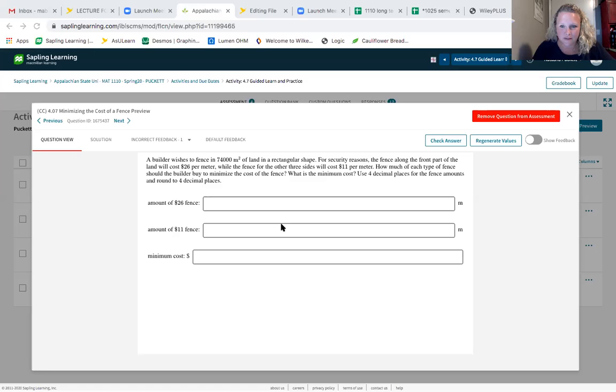So $11 a meter. So how much of each type of fence? And what is the minimum cost? So the minimum cost will be a dollar amount, and then $26 fence, and then $11 fence.